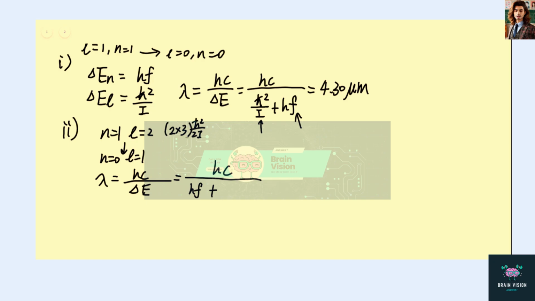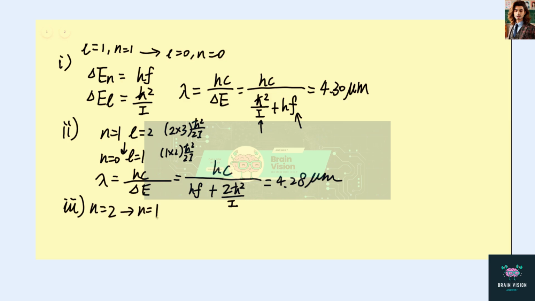While in L equals 1, we have 1 times 2 times h bar squared over 2I. So if we subtract them, we'll see that now the difference in rotational energy is 2 times h bar squared over I instead of just h bar squared over I. So the wavelength will be a little bit smaller. It will be 4.28 micrometer.